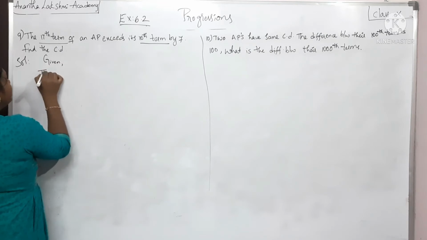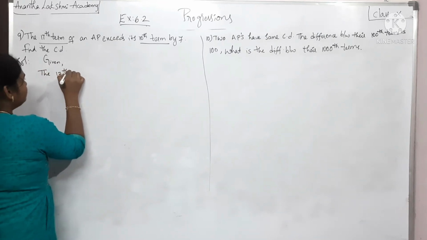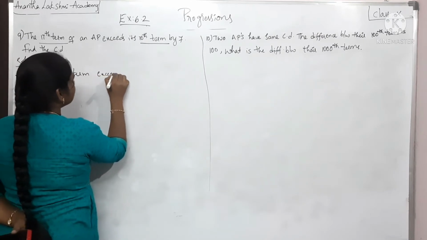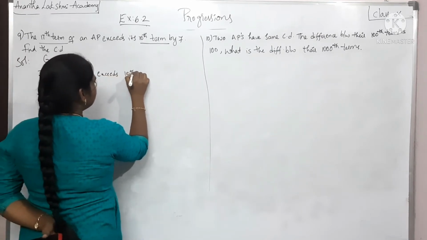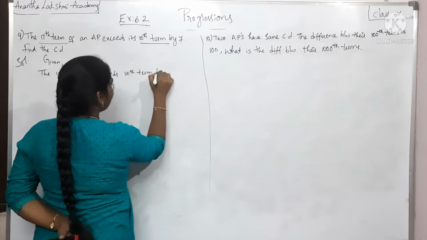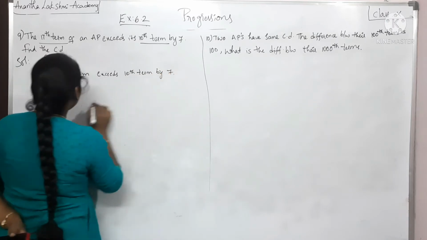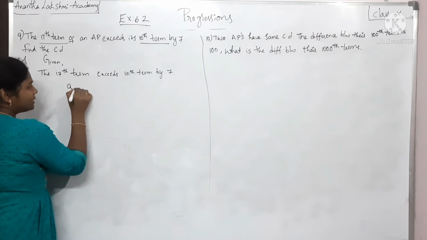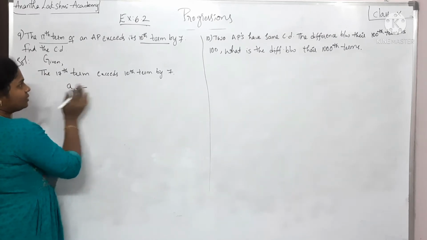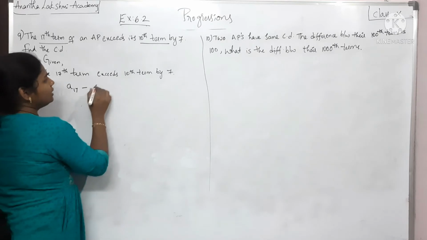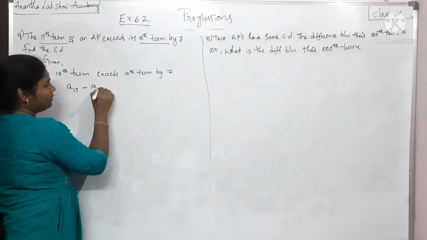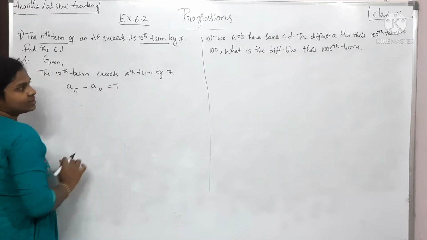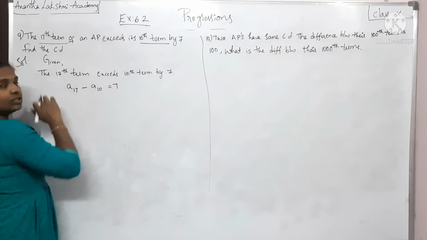Given the 17th term exceeds the 10th term by 7. How do we write this in notation? A17 exceeds, so it is bigger than the 10th term by 7. That is what is given for us. Now we are to figure out the common difference.